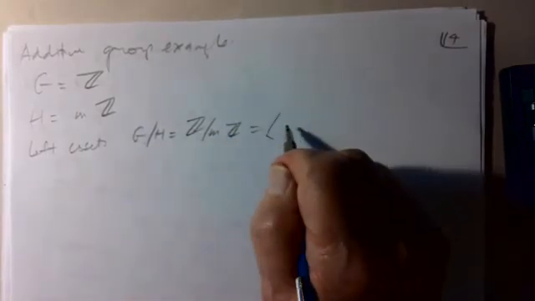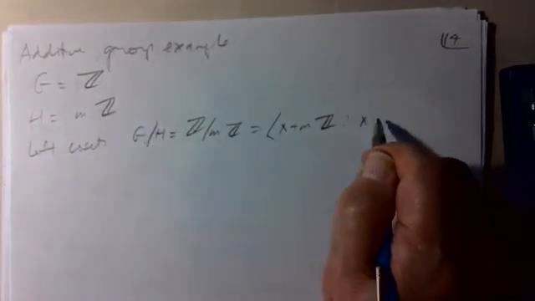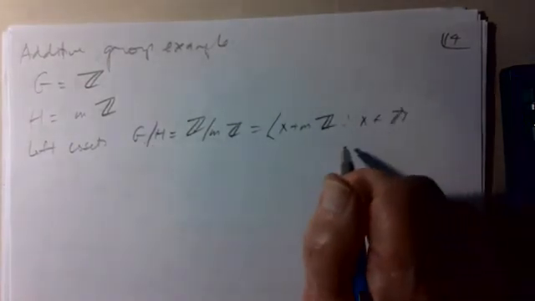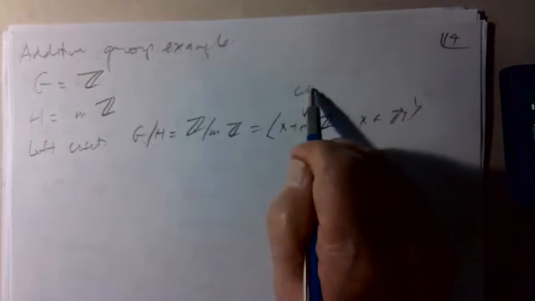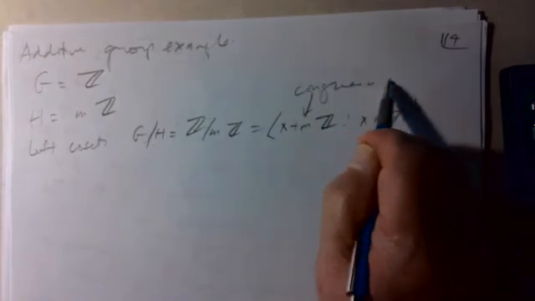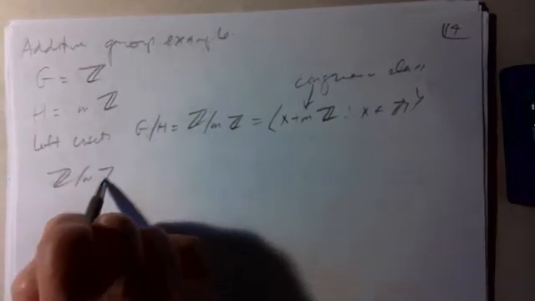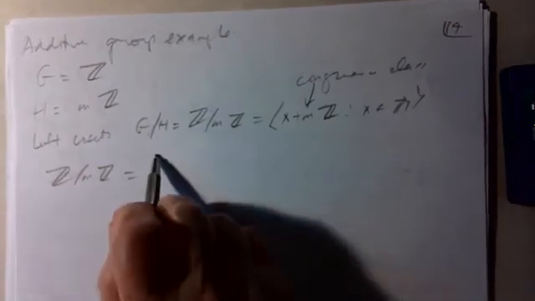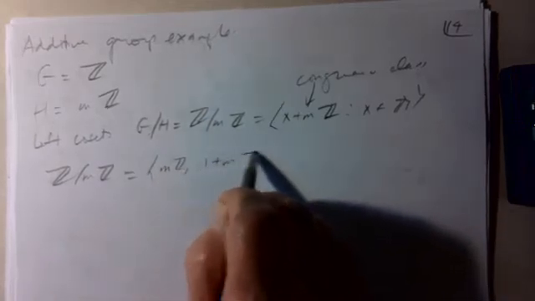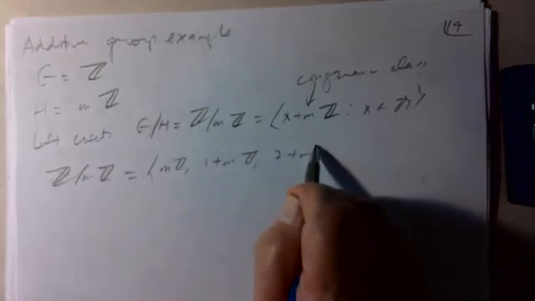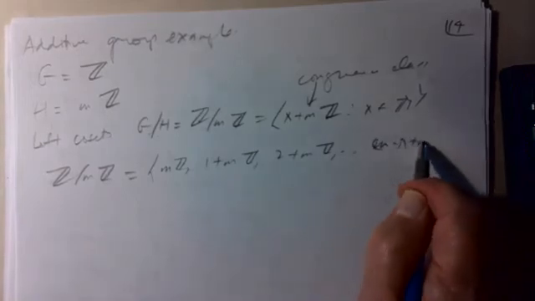This is everything of the form x plus mZ. This is a congruence class. They're exactly m congruence classes: 0 plus mZ, 1 plus mZ, 2 plus mZ, up to m minus 1 plus mZ.